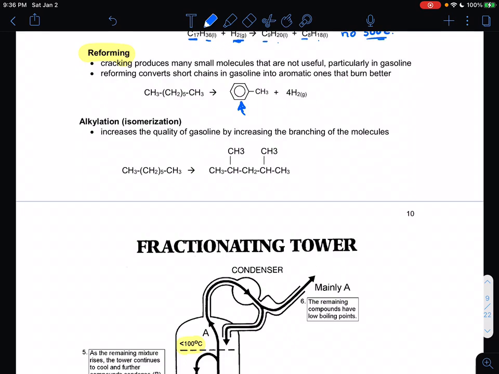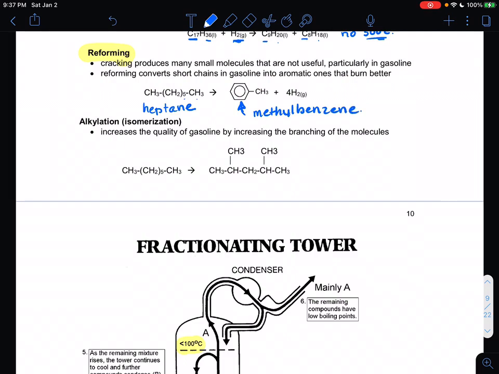So here you can see that I have 5, 6, 7, so heptane. And what I've done is I've changed it. And again, this is through the process of using catalysts. This changes it to basically methyl benzene.